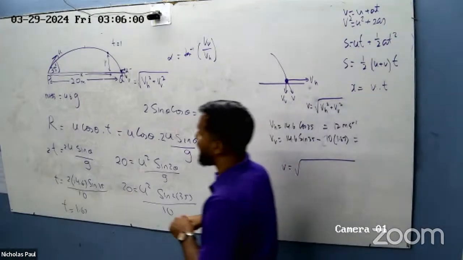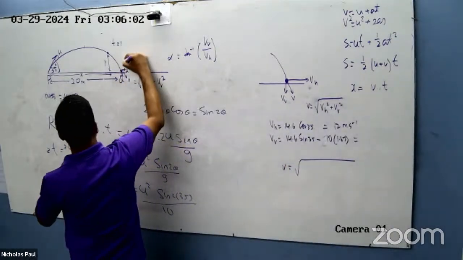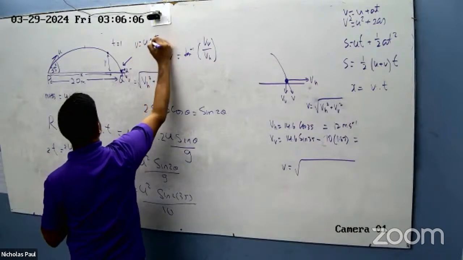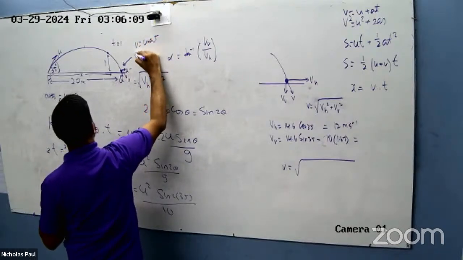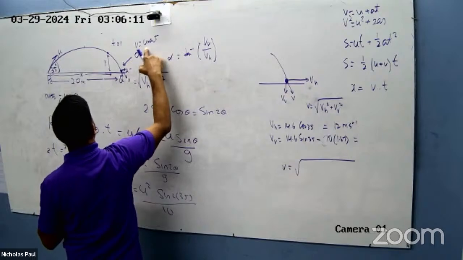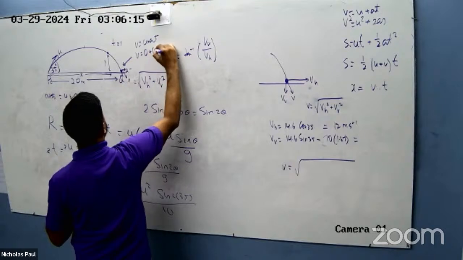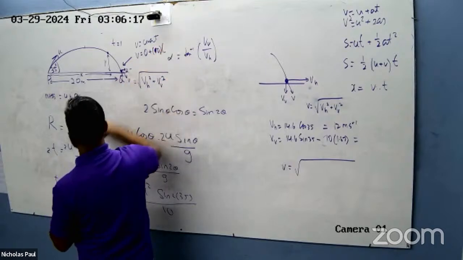Just check something, somewhere. If I use v is equal to at, the initial velocity is 0. The initial is 0. Gravity is 10. And time is half of this.